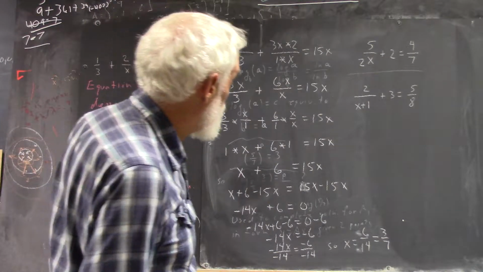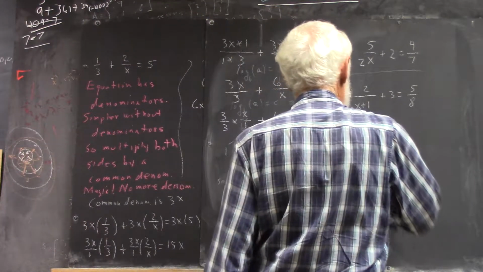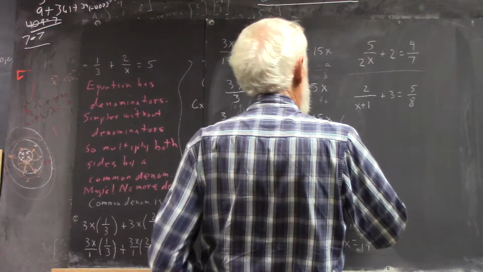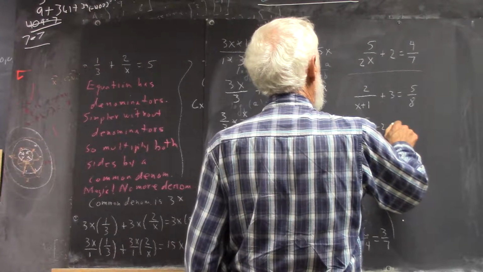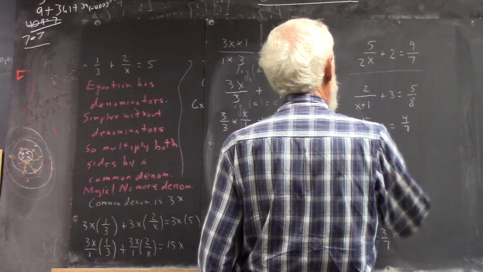Okay? All that familiar? Hopefully so. Okay. Now let's go to this one. We've got 5 over 2x plus 2 equals 4 over 7.